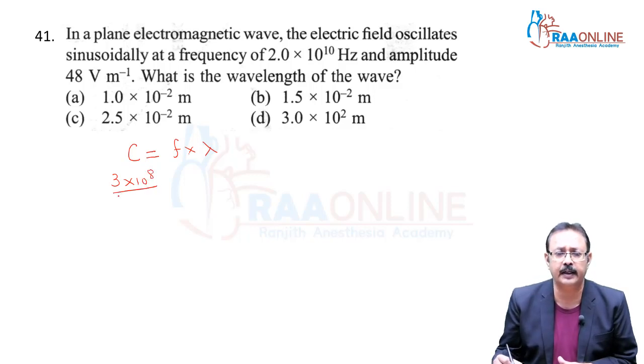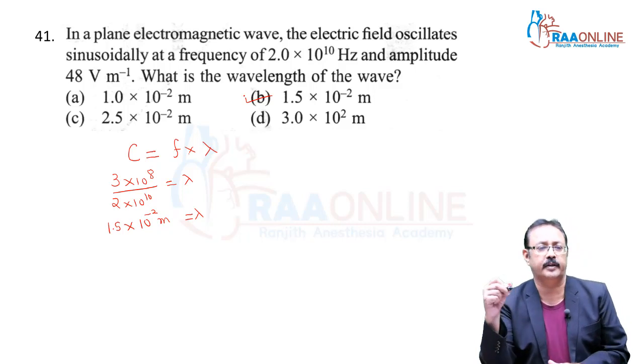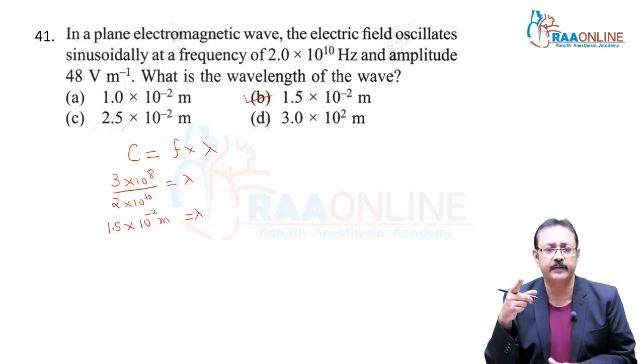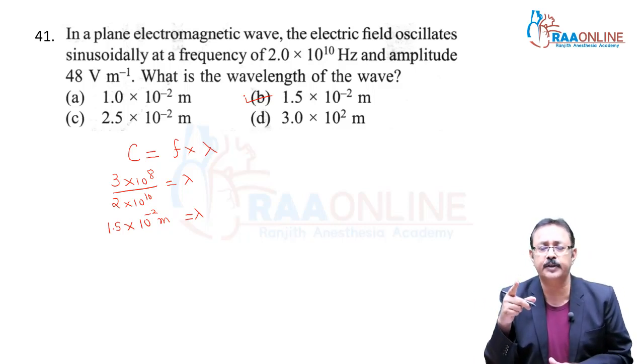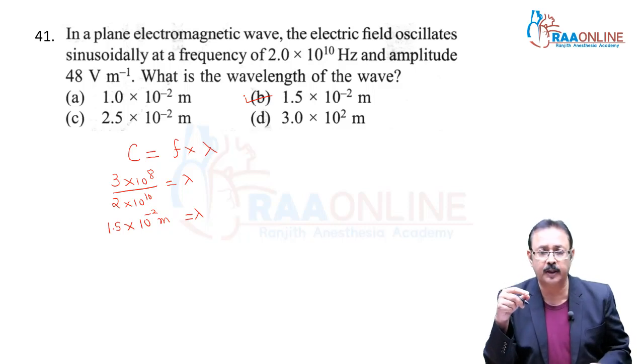Frequency they are saying in SI unit is 2 into 10 to the power 10. So what should be lambda in meters? It should be 1.5 into 10 to the power minus 2 meter. Frequency was given. So it is very easy to calculate wavelength because we know the speed of electromagnetic waves.